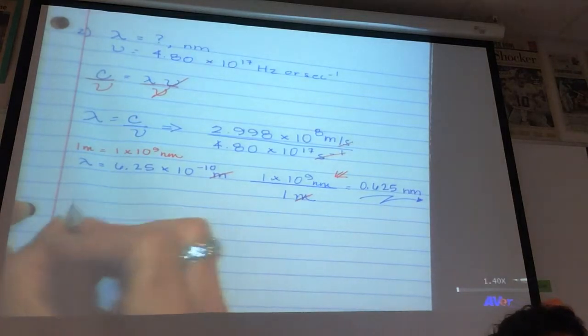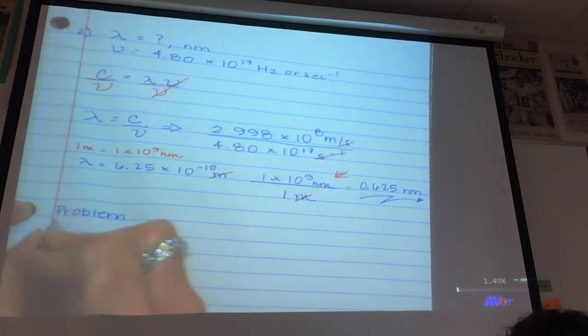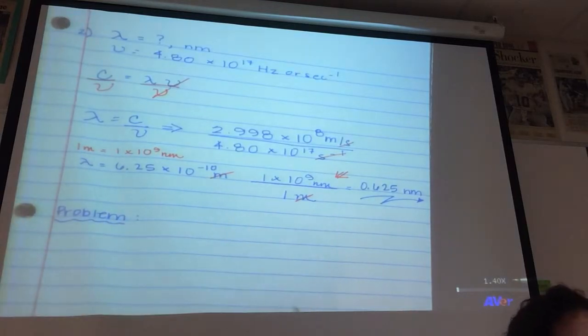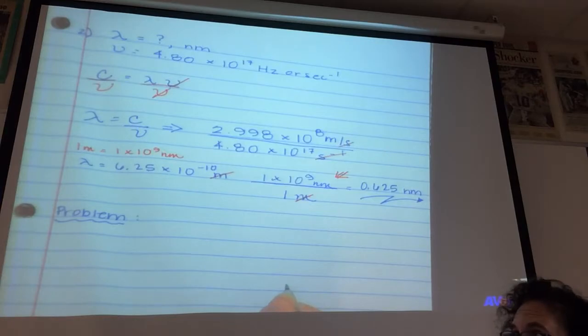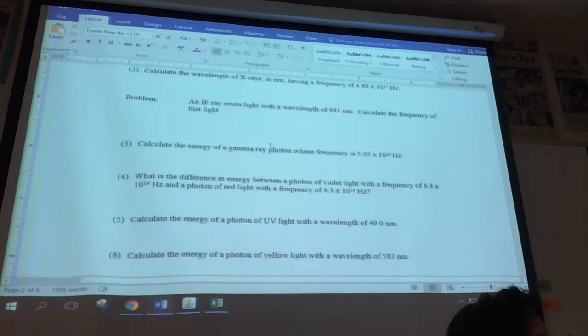I would like you to do the problem in your notes to see if you've got some understanding of this concept. The problem is at the top of the screen. See if you can do it.